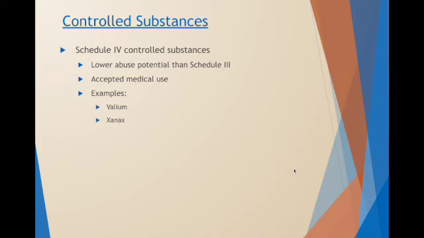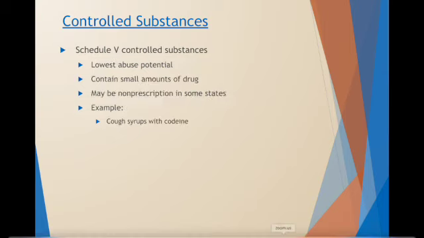The 2 main examples here are Valium and Xanax, which are benzodiazepines, medications that may be used for alcohol withdrawal, insomnia, or anxiety, but do still require really close physician oversight. And then you have Schedule 5, which is considered to have the lowest abuse potential, and cough syrups with codeine are probably the best example in this category. I think you get an idea for the pattern.